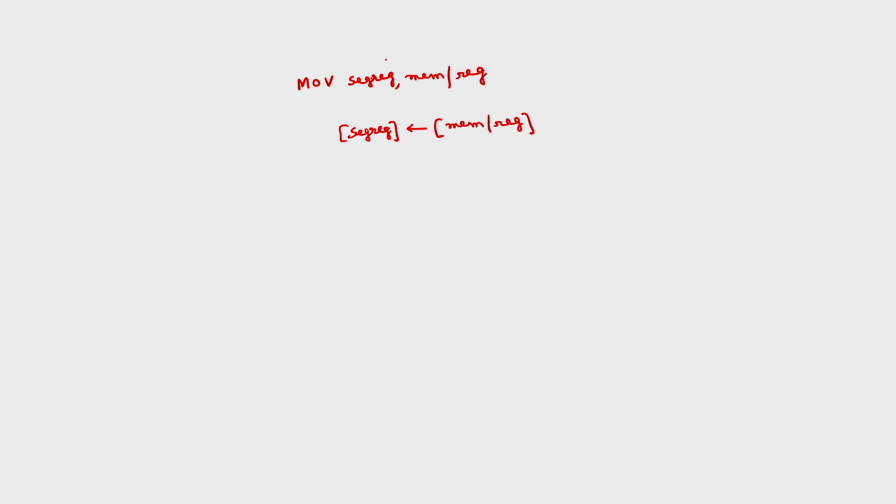We have 4 segment registers: code segment, data segment, stack segment, extra segment. If from memory you want to transfer the data to the segment register, then while calculating the memory address, we have to use the data segment by default to compute the physical address.